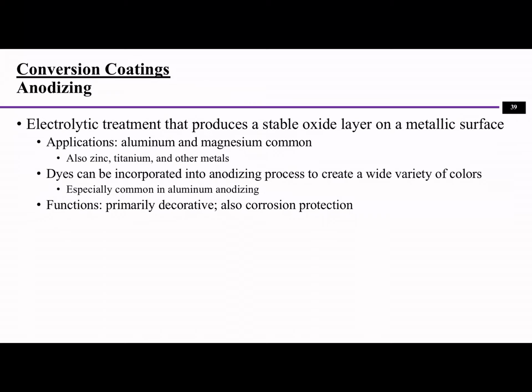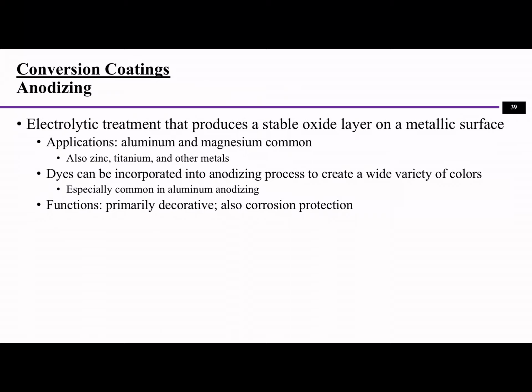Next one, anodizing. Anodizing is an electrolytic treatment that produces a stable oxide layer on a metallic surface. A very common material that can be anodized is aluminum, but not all metals can be anodized.